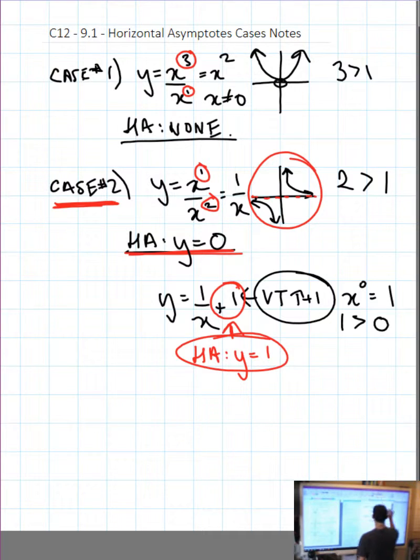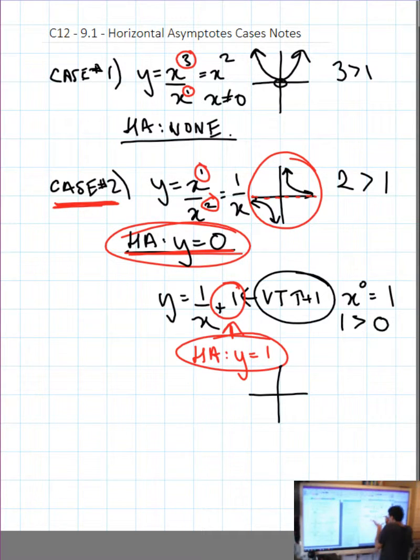So if we draw that graph, it looks incredibly similar to our last one, but we're shifting it up 1. So where we used to have a horizontal asymptote at y equals 0, it's now shifted up 1. So we have a horizontal asymptote at that number.